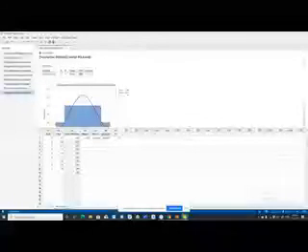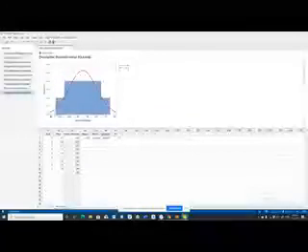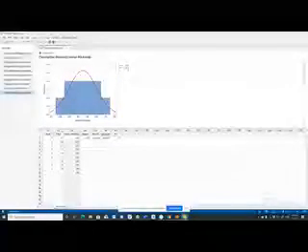So this is the mean, the standard deviation, and the variance for the given data. And here is the histogram with the normal distribution, to show whether the histogram represents a normal distribution or not.